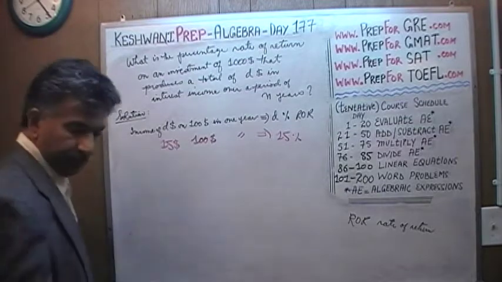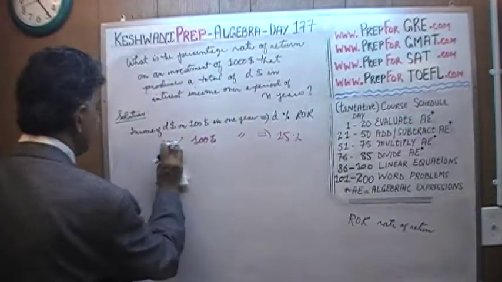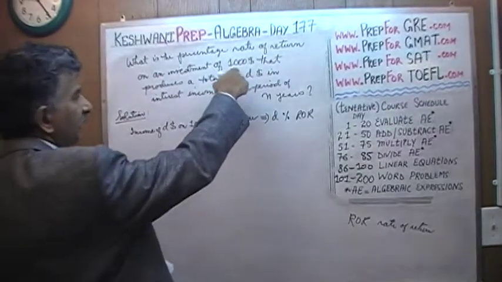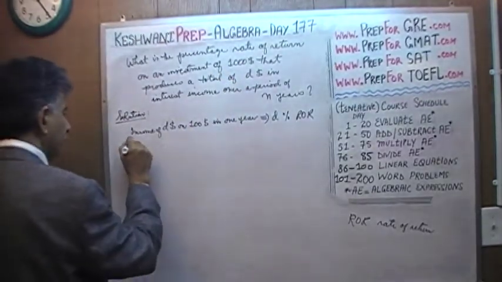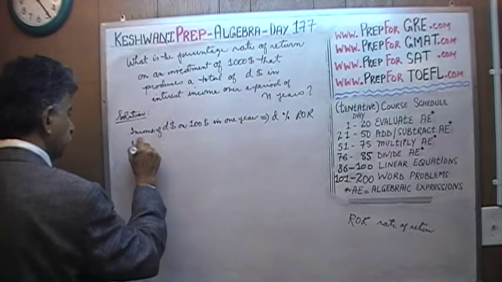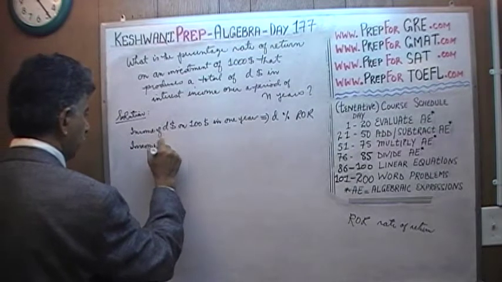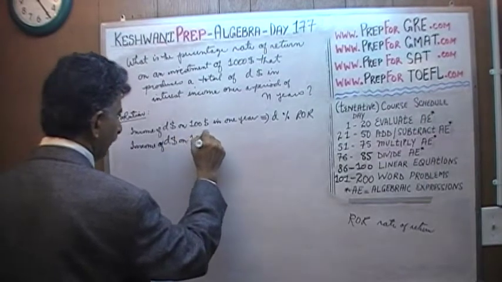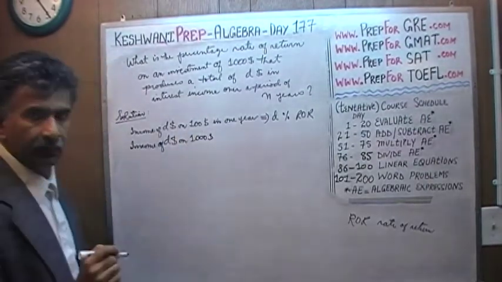But we're not investing $100, we are investing $1,000. So our income of D dollars on $1,000 instead of $100 in 1 year.